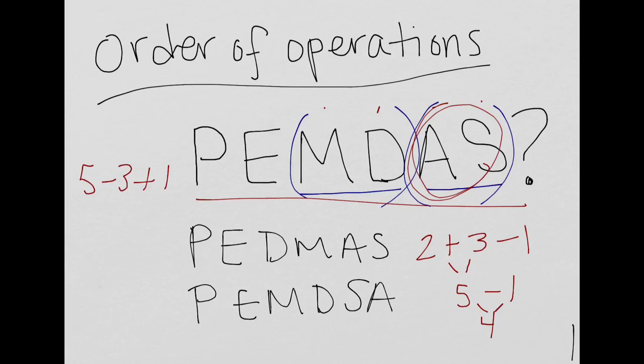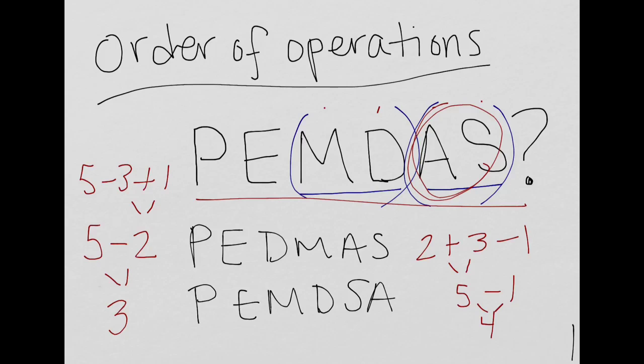You see AS, and you're going to say, oh, I've got to jump to addition first and do this. So that would really be 5 minus 2, because negative 3 plus 1 is negative 2, and then do this, which would be 3.